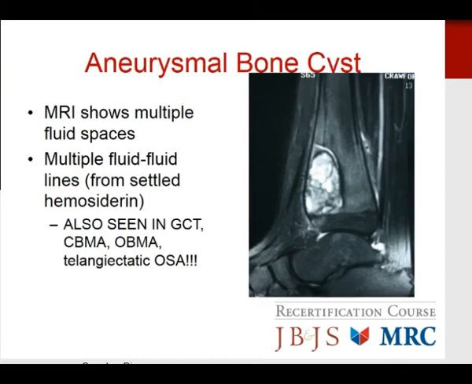You do have to be careful in your differential when you do see an aneurysmal bone cyst to consider a telangiectatic osteosarcoma. Usually these have destroyed the bone more significantly and create a lot more edema than an aneurysmal bone cyst does. The arrow is showing you one of the large channels, and here's the histology that follows with this.